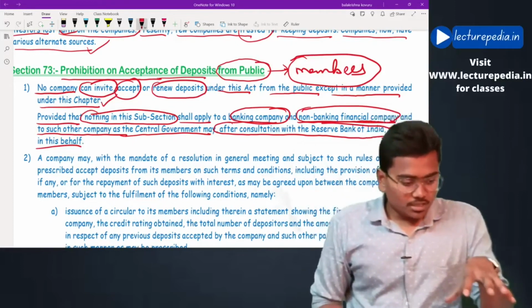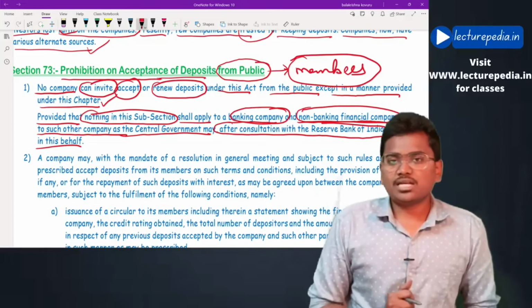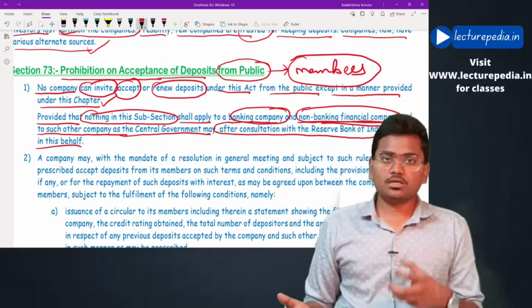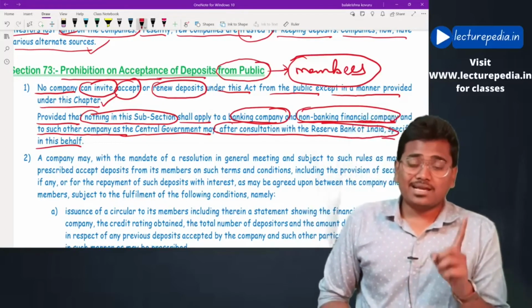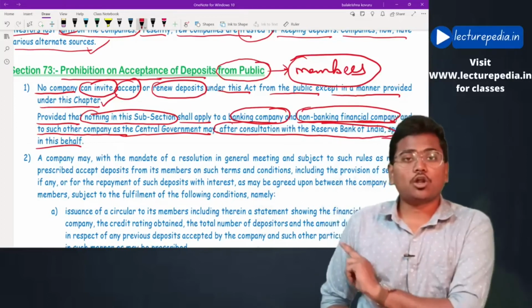Okay, for taking money from the public, if every time the banking company has to get a general meeting ordinary resolution, it would not be feasible for the bank. Thereby for banking companies and NBFCs, these provisions are not applicable.